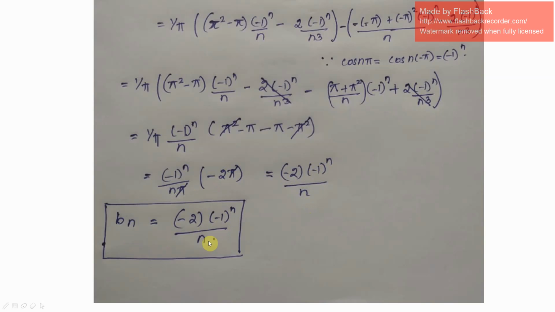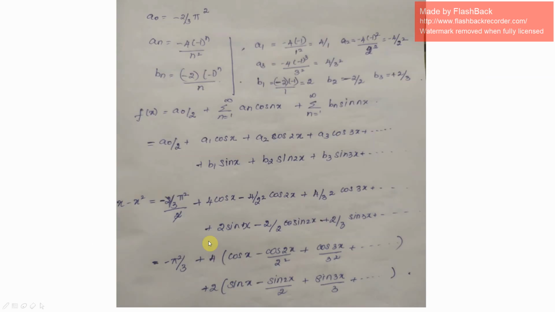Just we are going to expand the Fourier series formula. So now this is the Fourier series formula. What we are going to do is, we are just going to expand the summation up to 3 terms. Okay, that is, we have summation n is equal to 1 to infinity an cos nx. First we apply n is equal to 1. So we have a1 cos x. Then we take n is equal to 2, so it will be a2 cos 2x. Then n is equal to 3, a3 cos 3x.